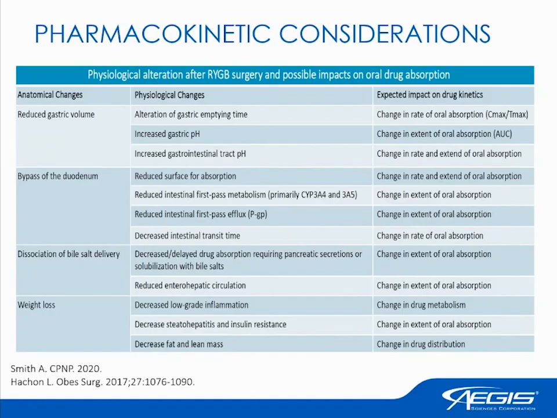The main thing that I would like to point out is that it can affect all of the pharmacokinetics, but specifically you have changes to absorption, changes that can affect the rate and or extent, and then you get into issues with drug metabolism, how the medication can be distributed, and not listed here, but also equally important is the solubility of a drug.